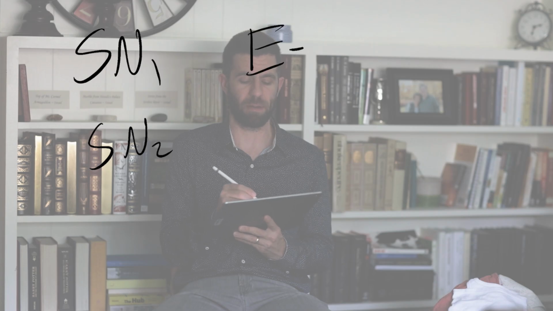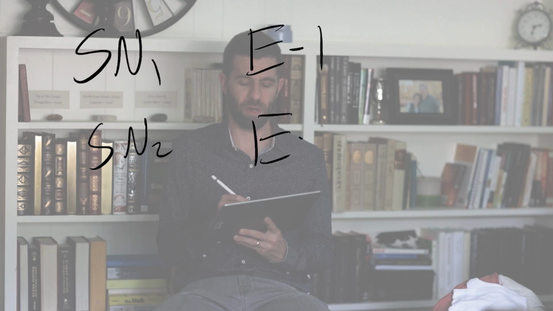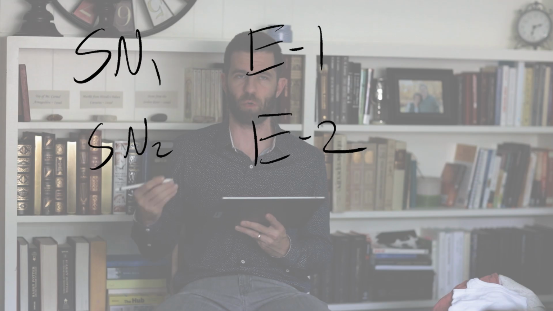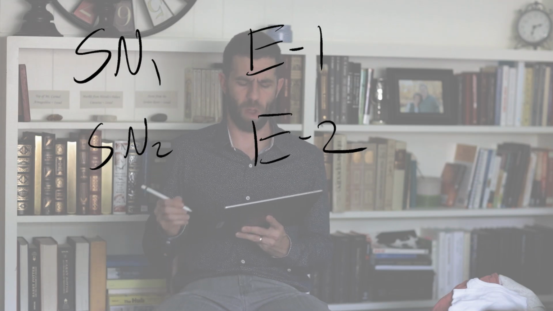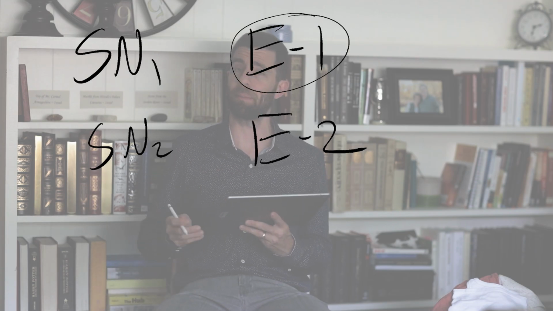When we look at elimination, we have two types of elimination. Just like we had substitution of SN1 and SN2, with elimination, we have E1 and E2. What does that mean? Just second and first order elimination. Well, how would we have a first order elimination?